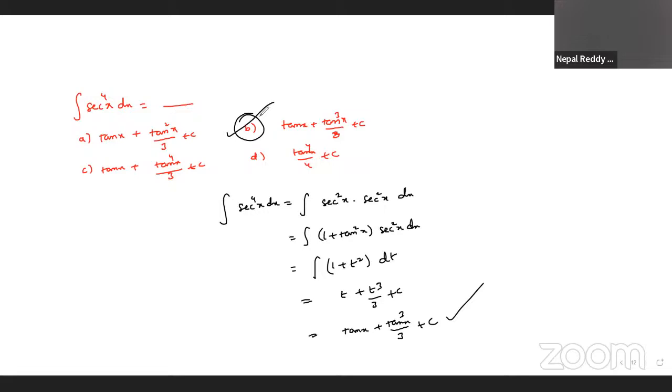Next, we go for another question. The question is the integration of e power x multiplied by (1 plus sin x) divided by (1 plus cos x) dx.